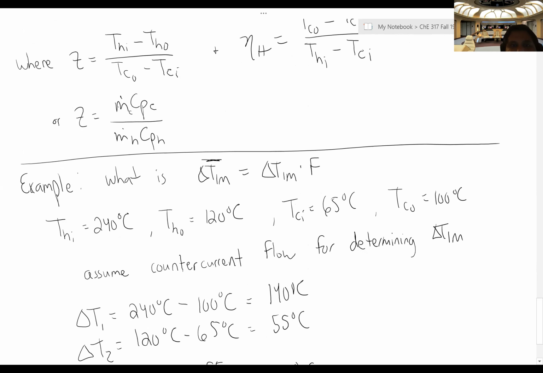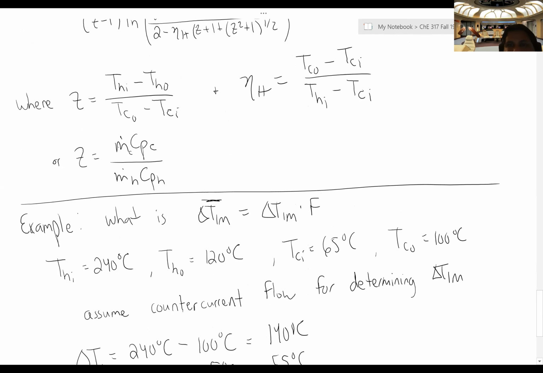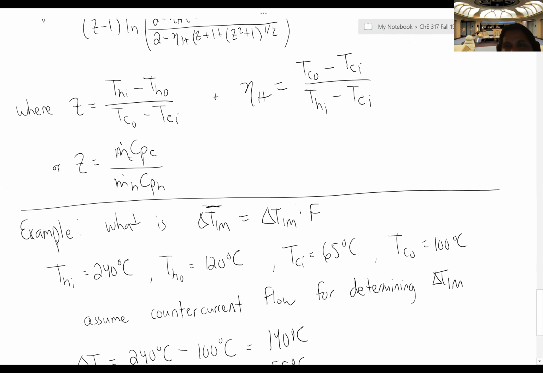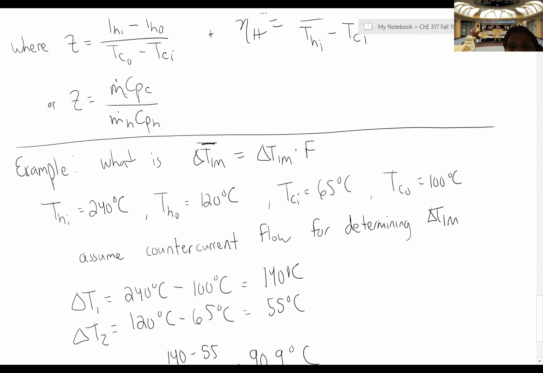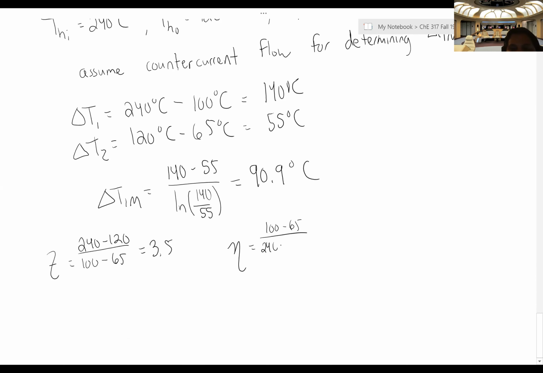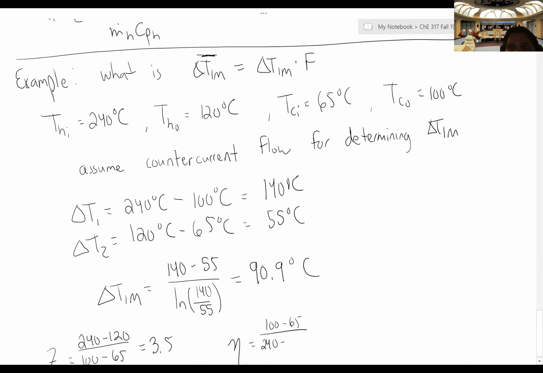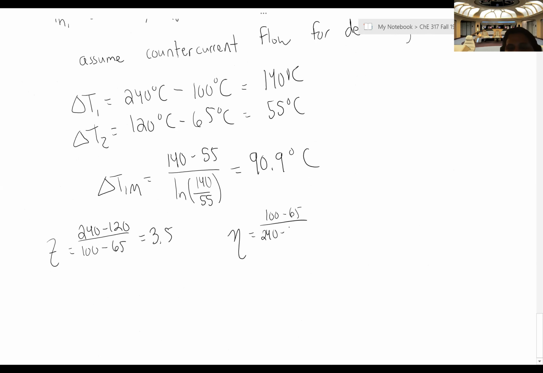And my eta is CO minus CI over HI minus CI, or 100 minus 65 over 240 minus 65.